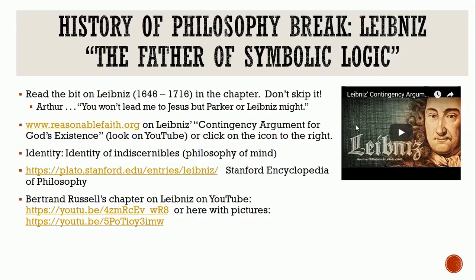All right. Quick mention of Leibniz, 17th, 18th century. Don't skip this. Read it. Please someday look him up. When I teach philosophy of religion, we look at Leibniz's contingency argument for God's existence. So there are various cosmological arguments for God's existence.